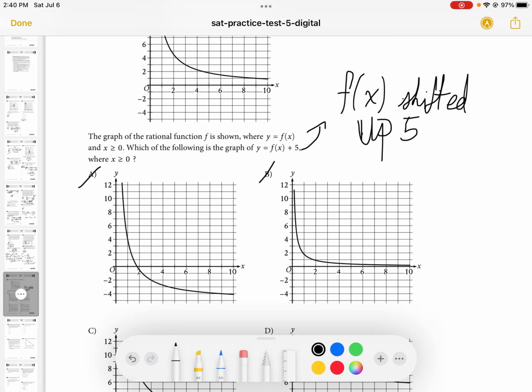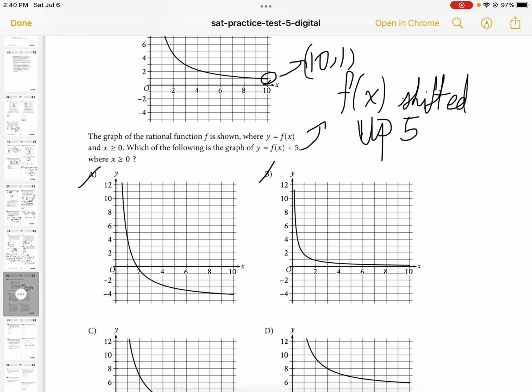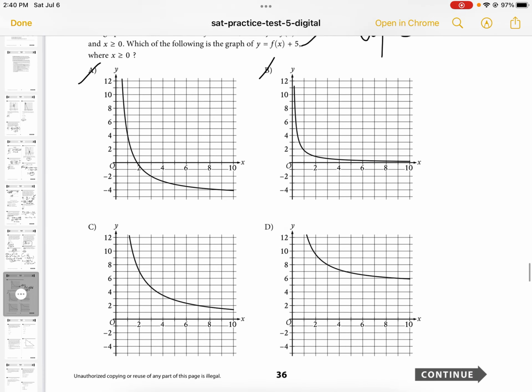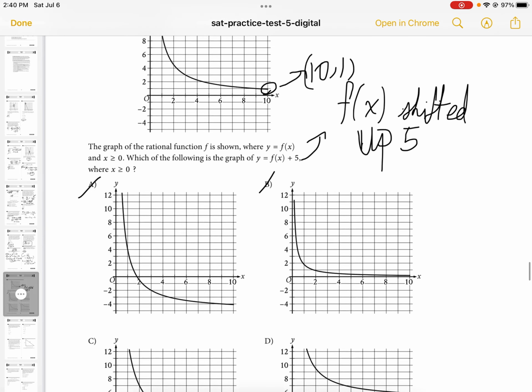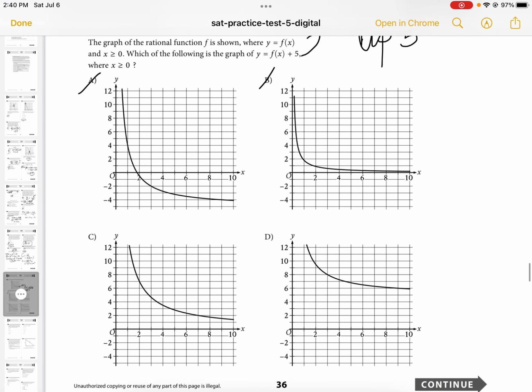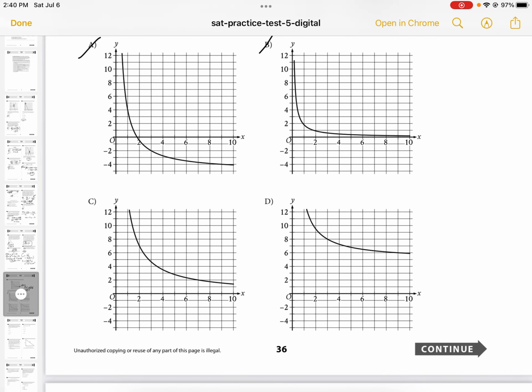It's not B either, because at x equals 10, y is approximately equal to 1. So that point right there is about (10, 1). So we're looking for a graph with the point (10, 5) on it, ideally.